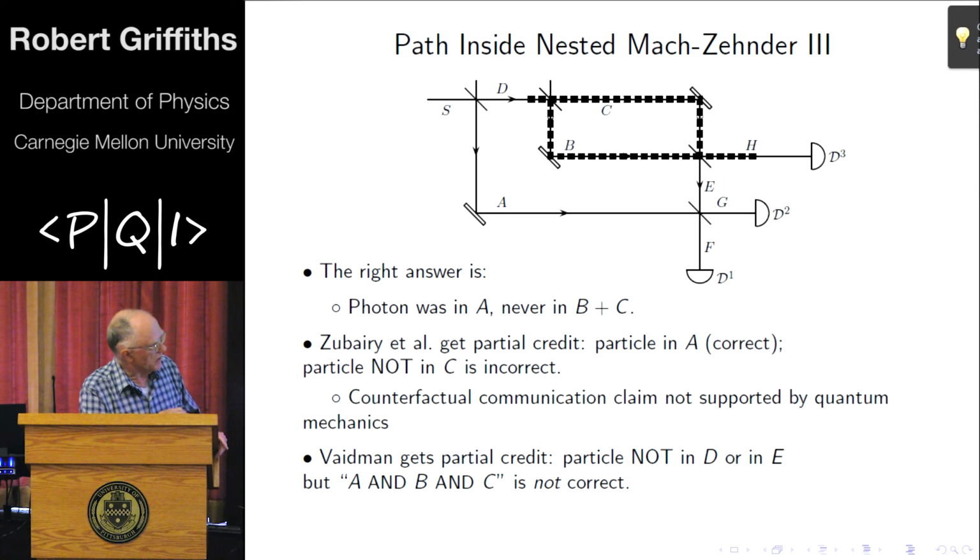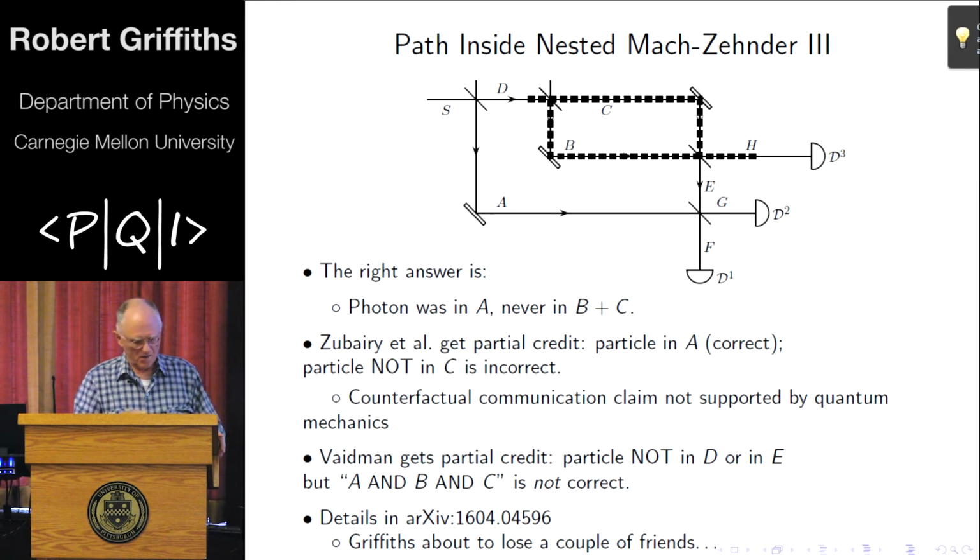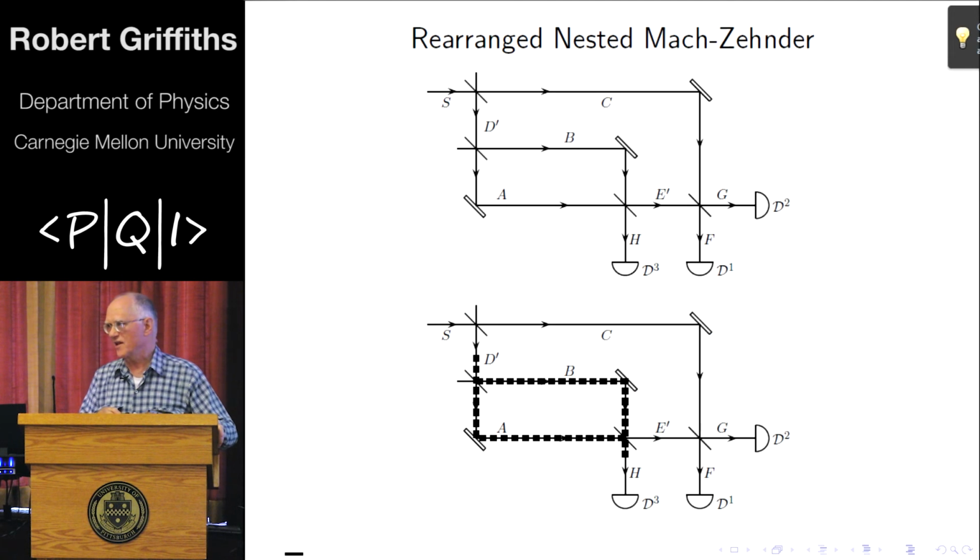What about Vaidman? He gets partial credit because the particle was not in D or in E. However, his A and B and C is not correct. Now, the offensive preprint is already up.